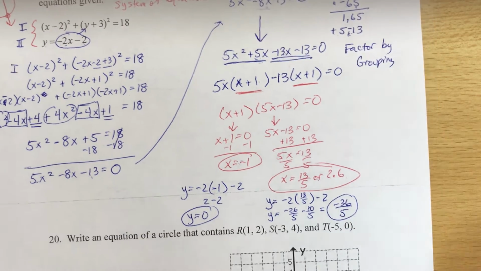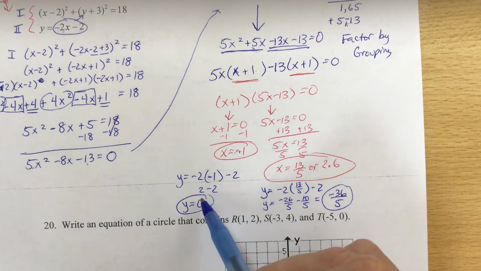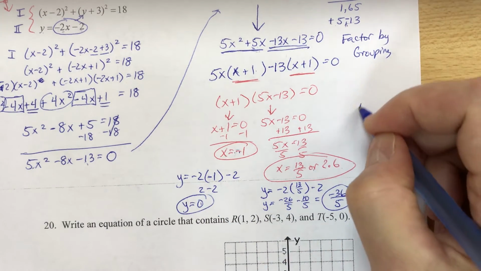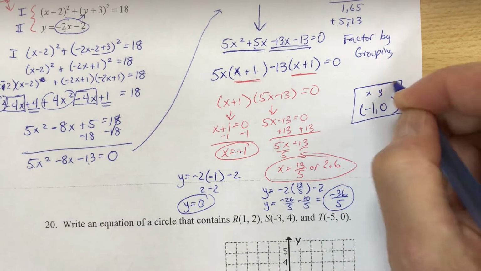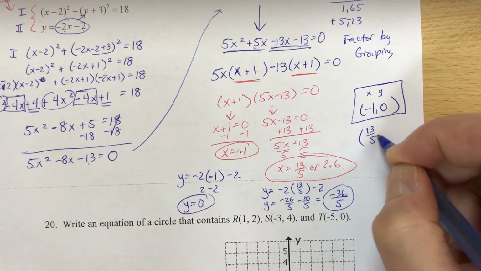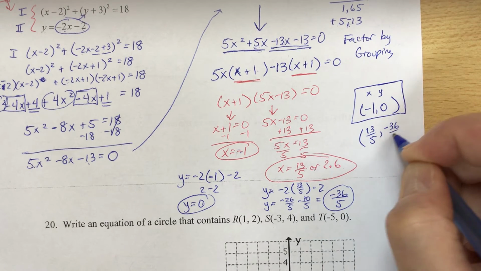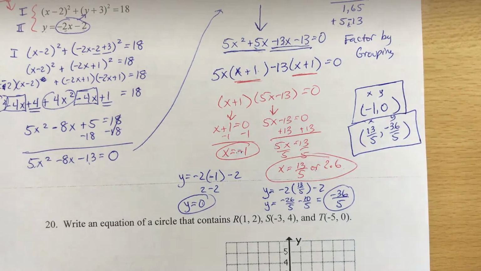Okay, there's a lot of work here. So what we get is two answers. Negative 1, 0. That's 1 point of intersection. And 13 over 5, negative 36 over 5. That's the other point of intersection, x, y.